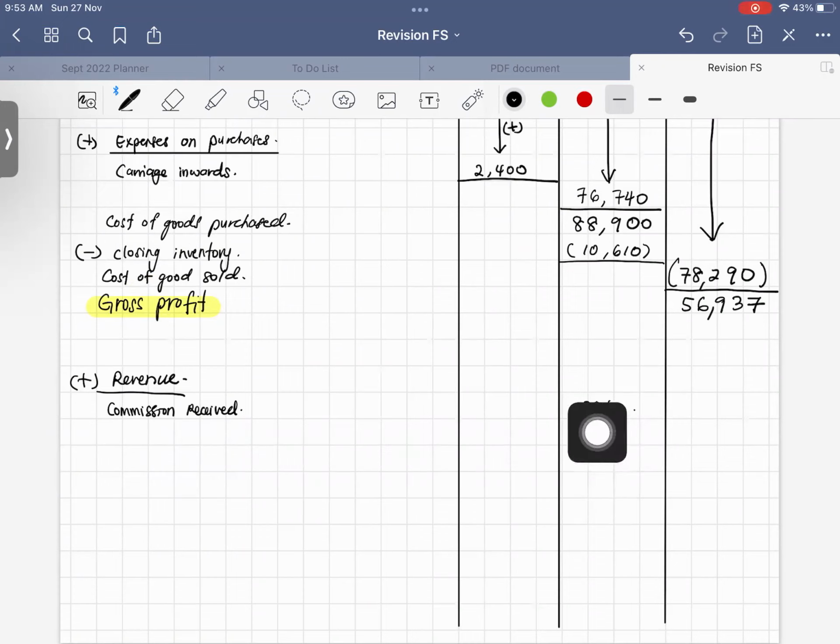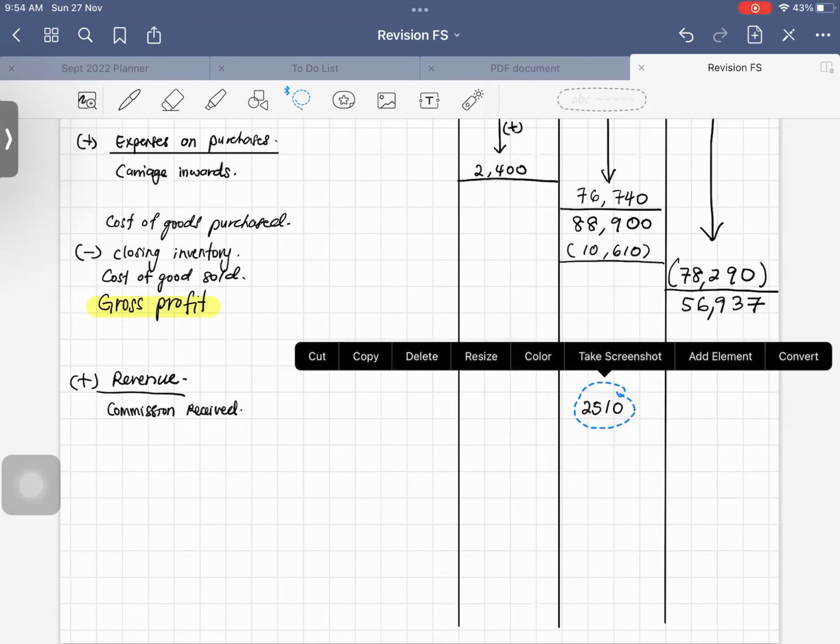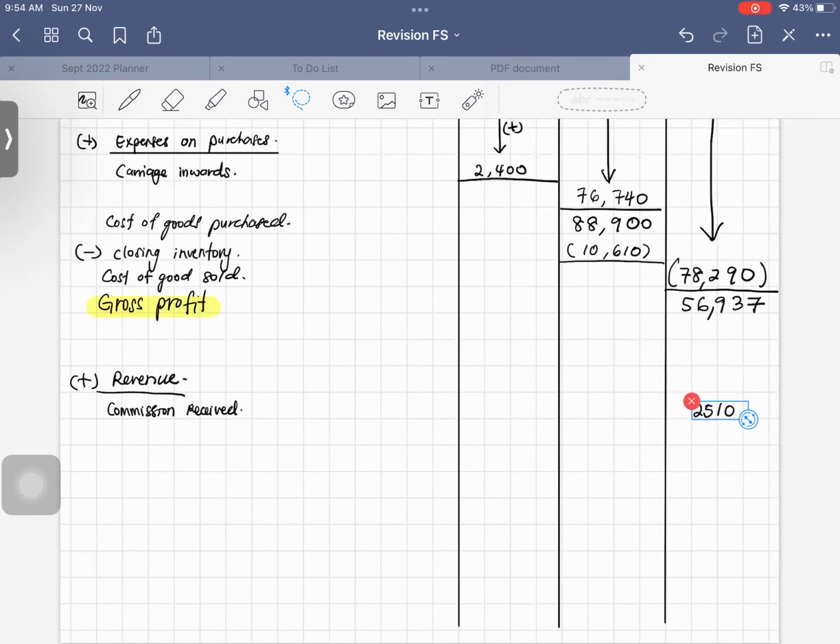So if dah tak ada, okay, what you can do, you can transfer this 2510 to the other side, to your last column. Sebab dah tak ada working kan, macam I cakap, the column is actually for you to do any other working, macam nak plus ke nak minus ke. Tapi commission received ni ada satu je, you tak payah nak plus with any other revenues.